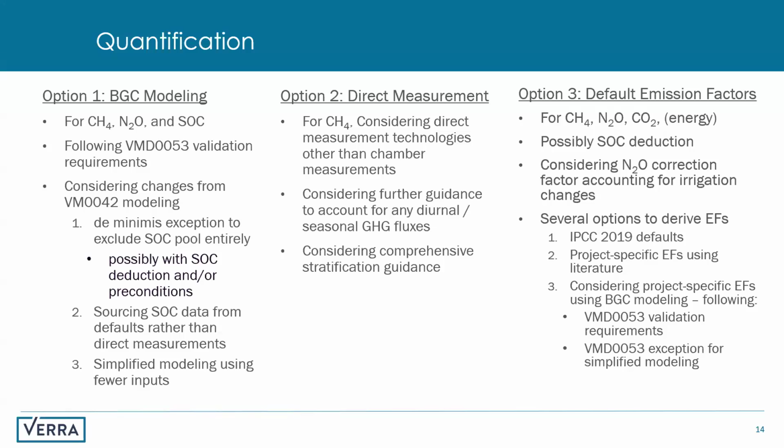And here's a couple of examples of some options which we are continuing to study. We have to note that we have not undertaken this work, it's not completed. So the default would be that we would defer to the VMD53 and the VM42 modeling requirements. But here's a few that we're studying. One is a de minimis exception to exclude SOC from the SOC pool entirely.